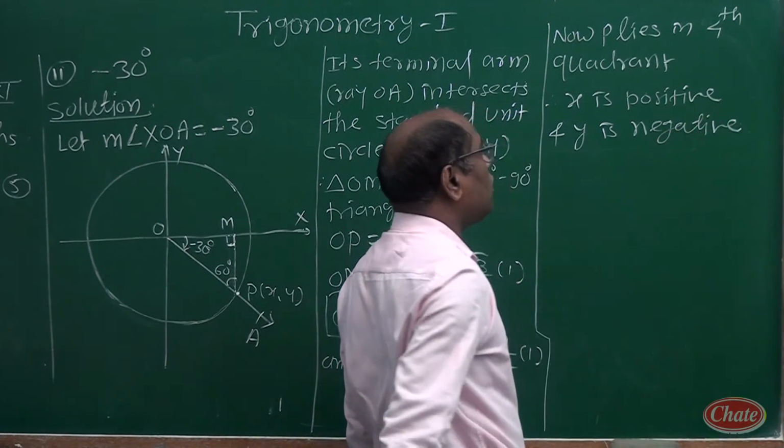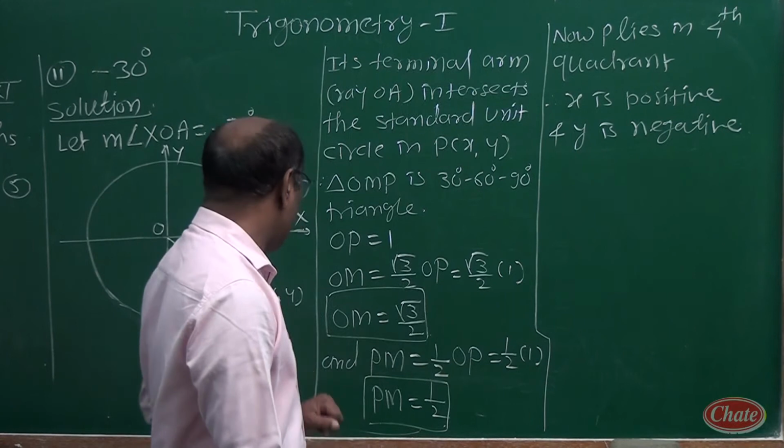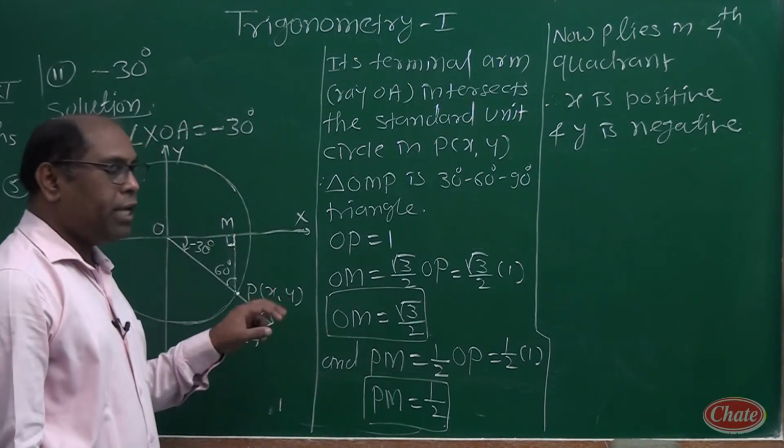In the fourth quadrant the X coordinate is positive and the Y coordinate is negative.